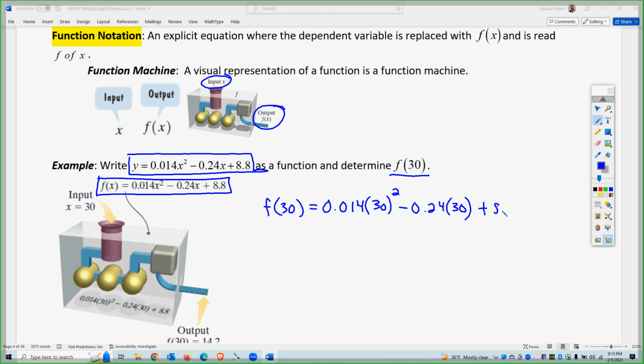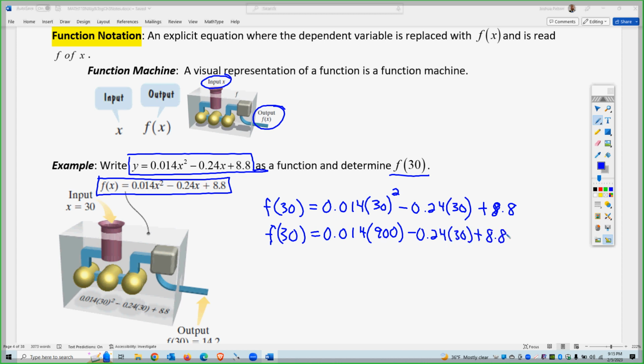All right, so we're plugging in 30 into our function machine. So f of 30 equals 0.014 times 900, minus 0.24 times 30, plus 8.8.